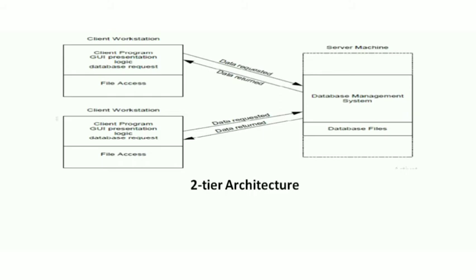When we move from single tier to two-tier, three-tier, multi-tier architecture, there are different parts on the client and the server side. There are two terms here. The first is thin client and the second is thick client.